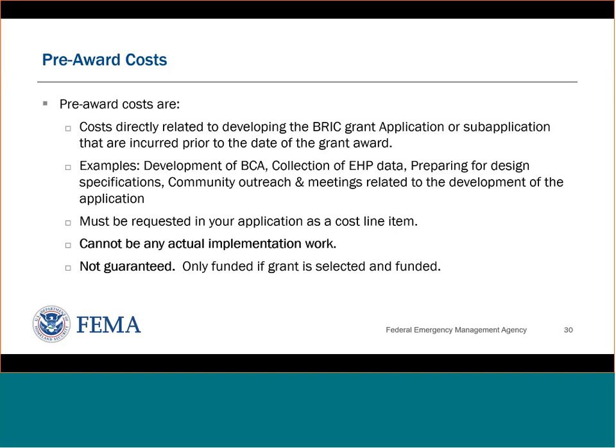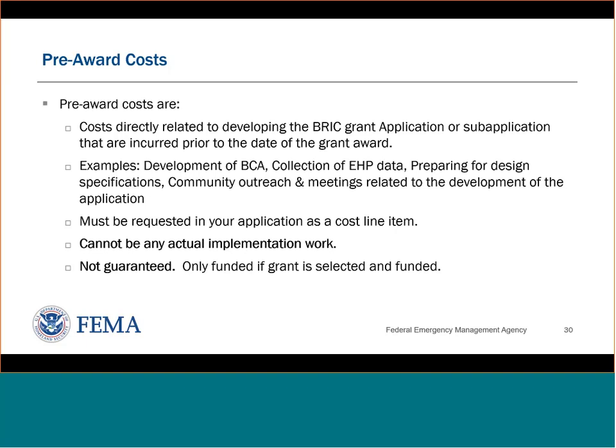That period is now open, so the costs that you incur to develop your application now can be claimed as pre-award costs if you wish. Examples of that would be development of your benefit cost analysis. If you hire a contractor especially to help you with that, those costs are eligible as pre-award.